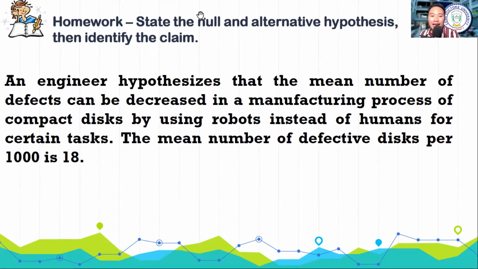Here, an engineer hypothesizes that the mean number of defects can be decreased in a manufacturing process of compact discs by using robots instead of humans for certain tasks. The mean number of defective discs per 1,000 is 18.